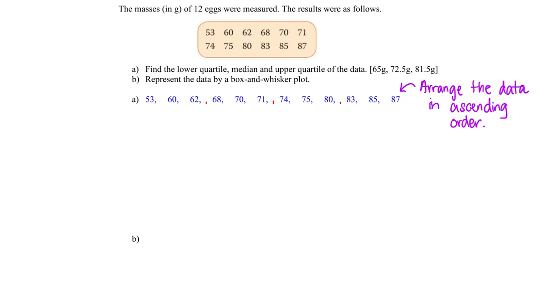And so, this is where the median is. So for median, later on I will have to look at these two numbers and divide by 2. Alright, so I've successfully gotten my median, 72.5 grams.